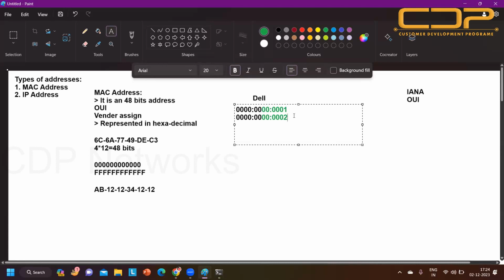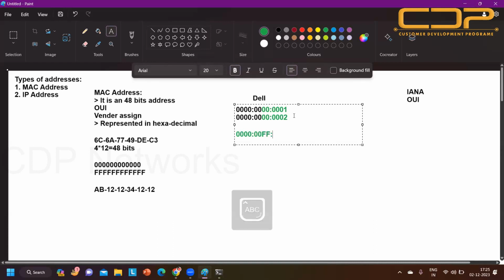So always keep in mind, with one OUI, you can design 2 to the power 24 NIC cards. And the last MAC address of this OUI will be 00:00:00, and after that, FF:FF:FF. This is the last MAC address of this OUI.